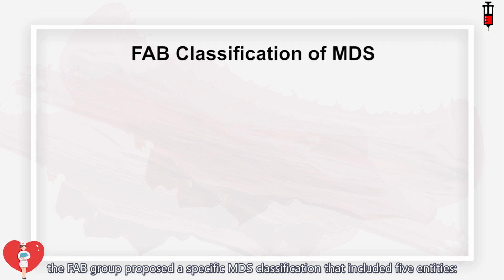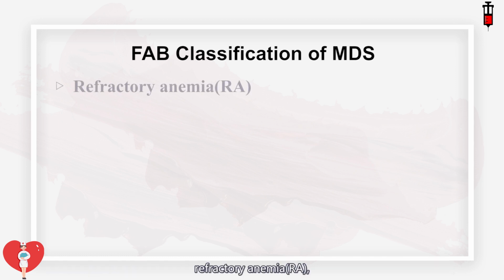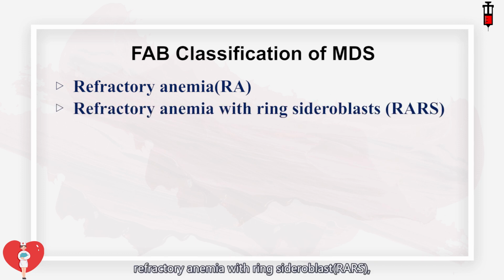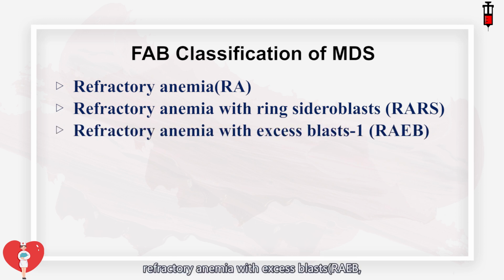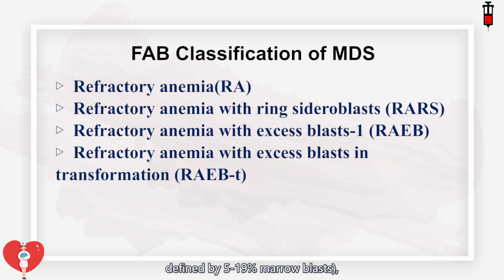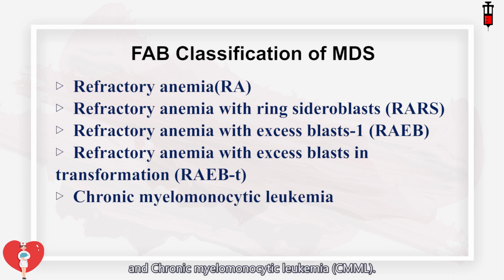In 1982, the FAB group proposed a specific MDS classification that included 5 entities: refractory anemia, RA, refractory anemia with ring sideroblast, RARS, refractory anemia with excess blast, RAEB, and refractory anemia with excess blast in transformation, RAEBT, and chronic myelomonocytic leukemia, CMML.